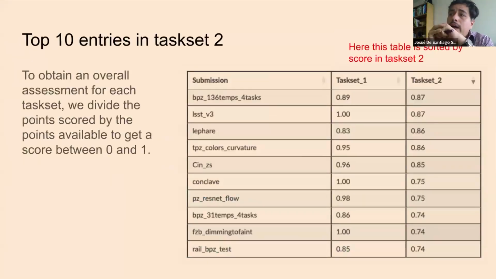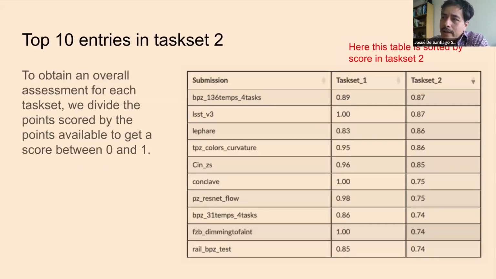Here I'm showing you the top 3 entries according to the task set number 2. What we did is that we divided the scores by the largest possible points. So for example, if you see the numbers for the task set 1, you see some ones.